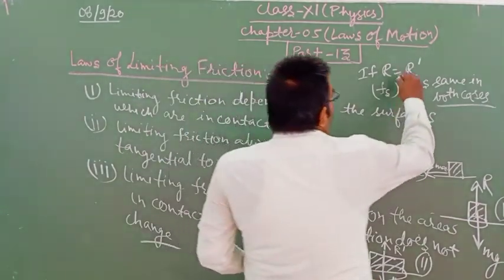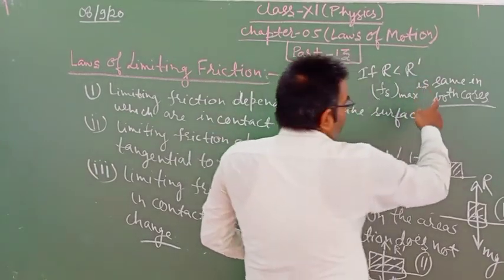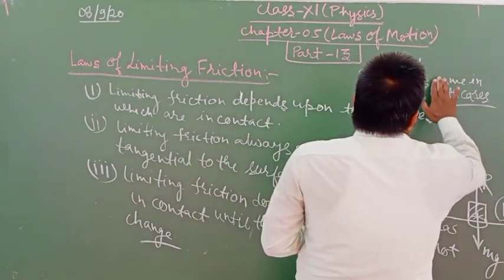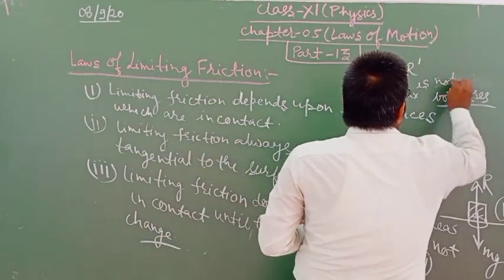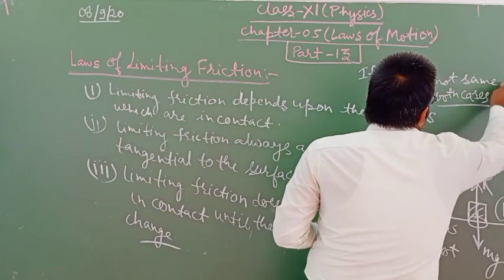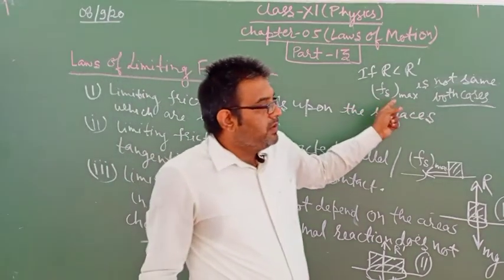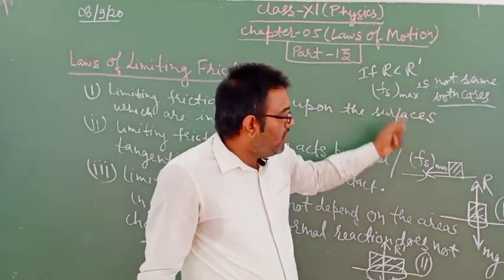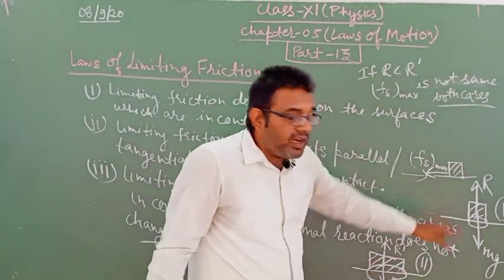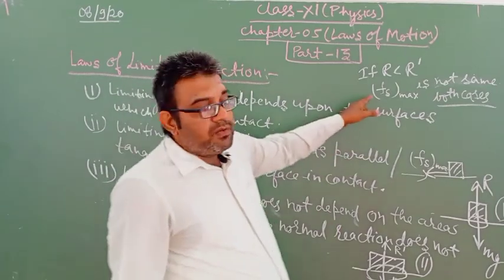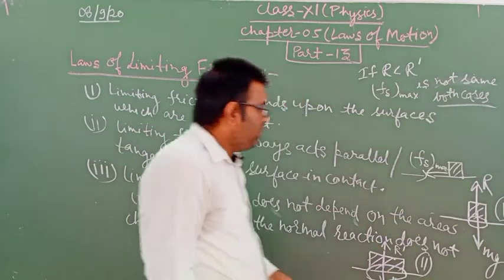But if R dash is greater than R, then Fs max is not the same in both cases. Means if the normal reaction changes, then the limiting friction Fs max also changes. But if the normal reaction is the same but the area of contact is different, then the value of limiting friction, that is Fs max, always remains the same in both cases.